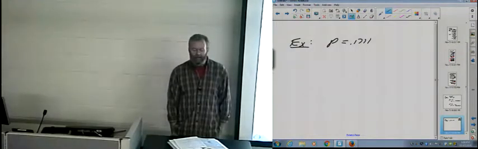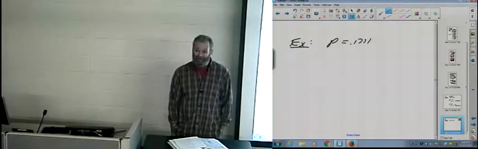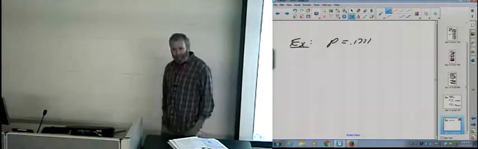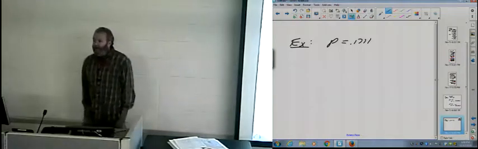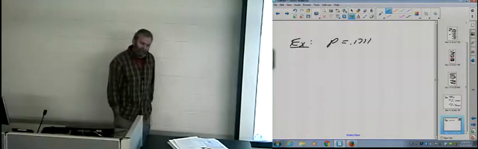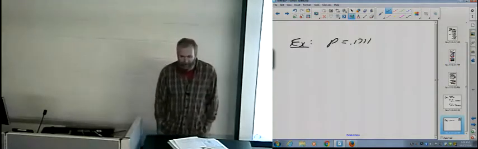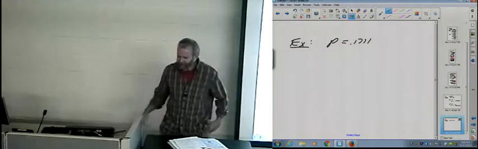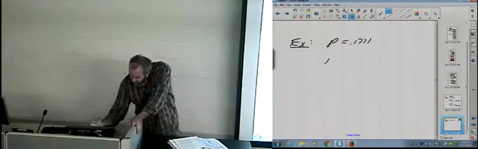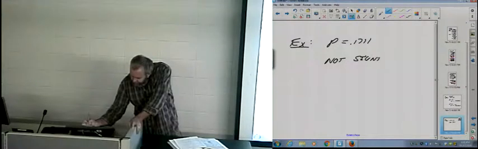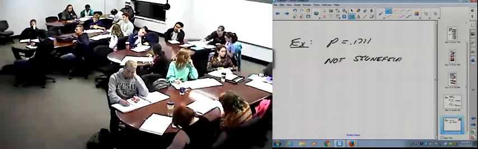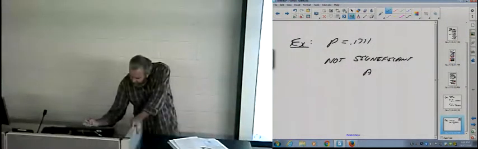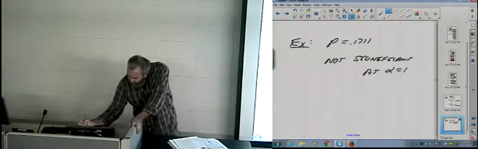Is that significant at the 20% level? Yeah, but you're wasting your time. We're looking at 1, 5, or 10. A 10% level, that doesn't happen very often. That's not significant at the 5% level. It's not significant at the 1% level. Not the 10% level. Not significant at alpha equals 10%.